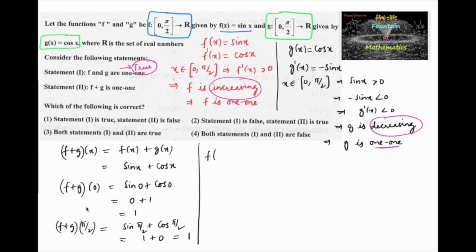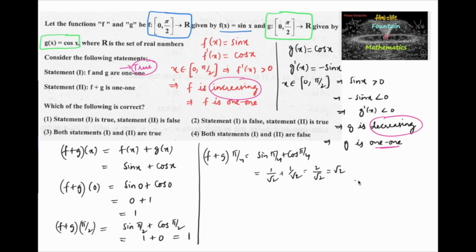And even if you consider an in-between value, (f+g)(pi/4) = sin(pi/4) + cos(pi/4) = 1/root 2 + 1/root 2, that is 2/root 2, which is equal to root 2, which is positive. So clearly the function is increasing and decreasing.